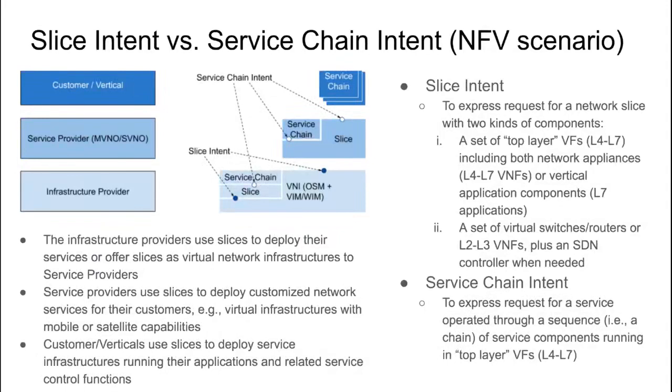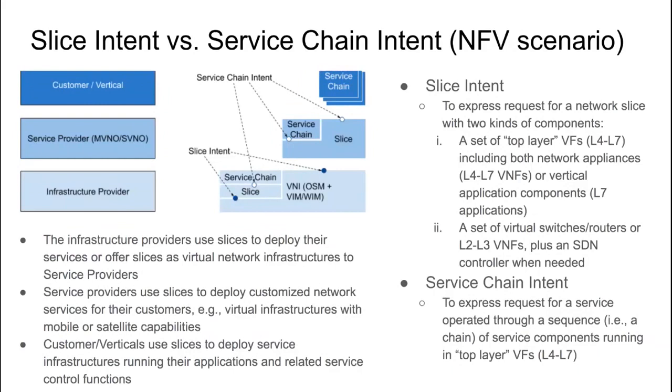When we show the demonstration, we'll have first the service provider asking the slice intent to the infrastructure provider, because he wants to set up a virtual network, and then it's going to offer services to the customer. So you will see that in 2 steps. First, we set up the slice, and then we set up the service on top of that.